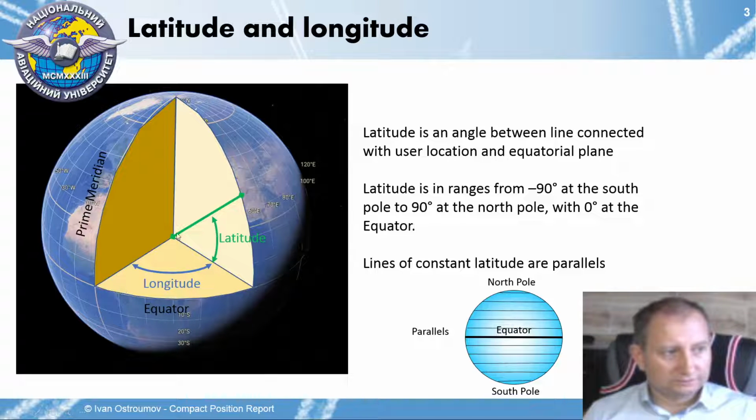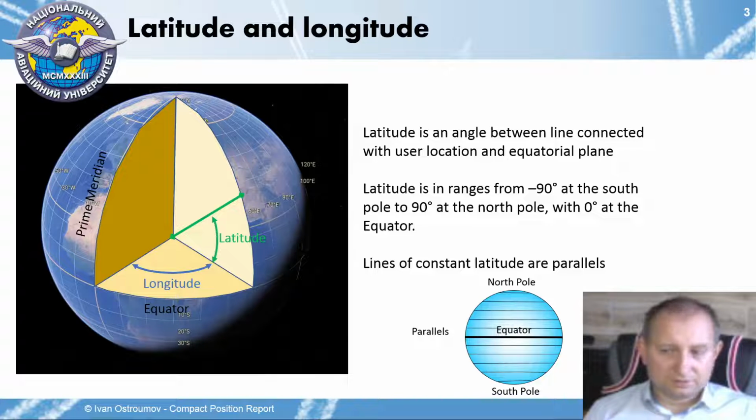And our latitude is an angle between the equatorial plane and a line which connects the user location at the Earth's surface and the center of our planet.